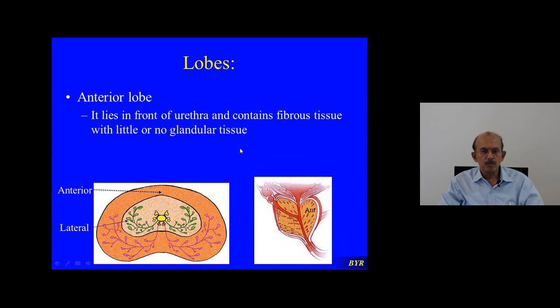The anterior lobe lies in front of the urethra and contains fibrous tissue with little or no glandular tissue. So the anterior lobe has a lot of fibrous tissue and little or no glandular tissue. This is also called the anterior commissure.